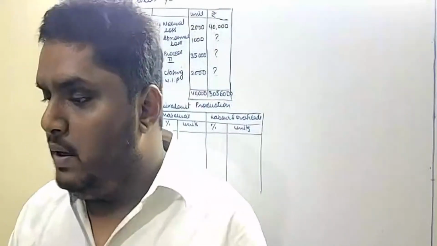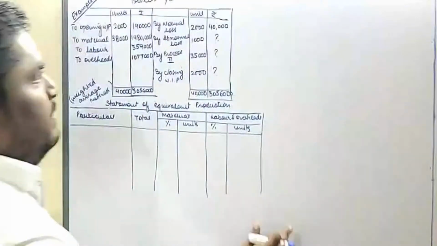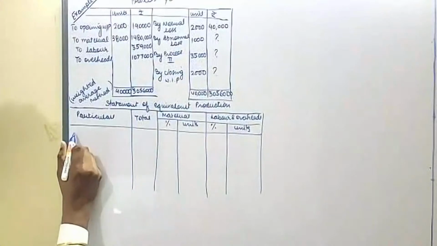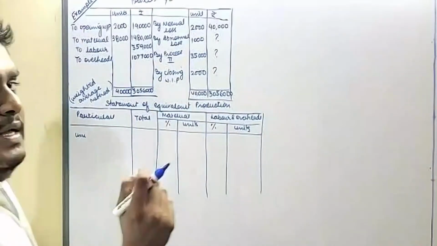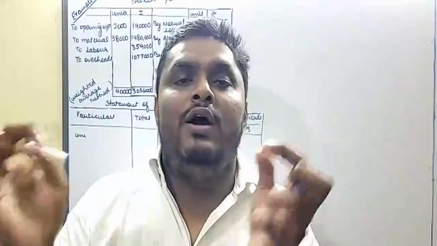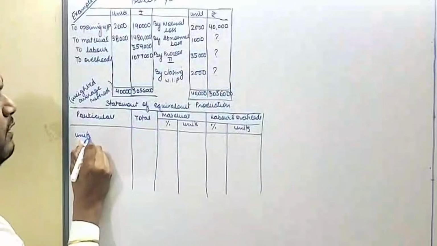Very good, Sunil Kumar. Now let's start, guys. Let's start with the units that are transferred to the next process. Since we are using the weighted average method, there is no need to bifurcate how much work was done on the opening work in progress or on the inputs. Very simple, write straight away the units that are transferred.